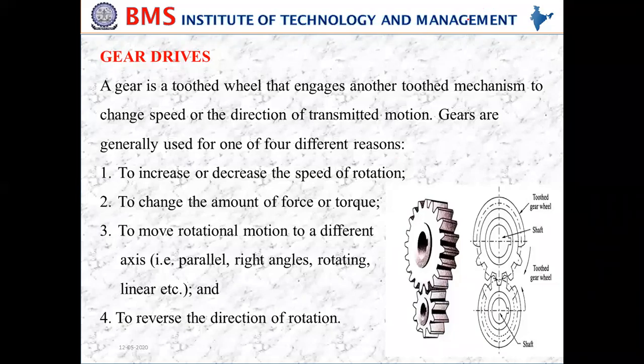Gears are generally used for one of four different reasons. One is to increase or decrease the speed of rotation. Second, to change the amount of force or torque. And to move the rotational motion to different axes.